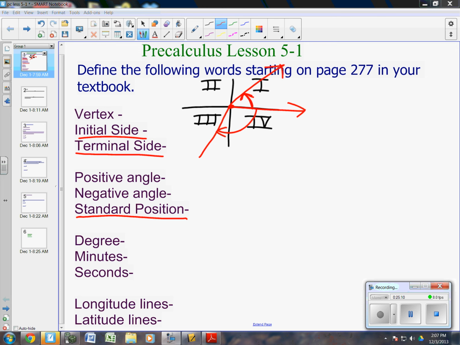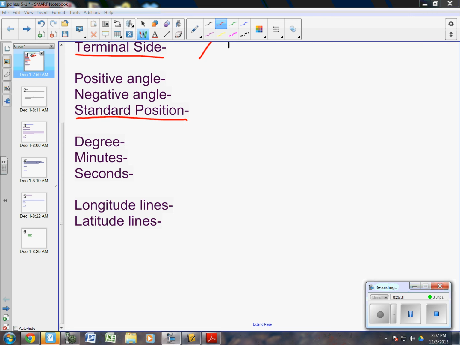In math and trigonometry, when engineers and people make things, they're not just counting an angle in degrees, they're counting turning in degrees, and direction matters, doesn't it? And so the direction you're turning matters. So that's why we have negative angles. Okay? All right, now degrees, minutes and seconds. Here's an example of an angle in degrees, minutes, and seconds.